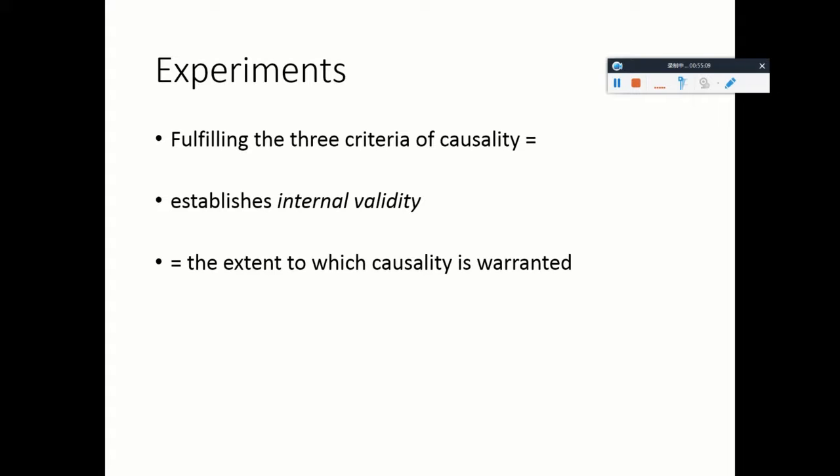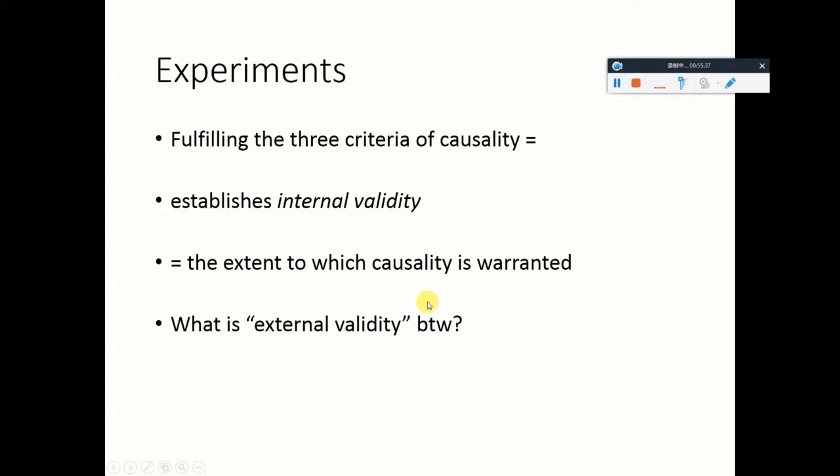Or the extent to which you can confidently claim that you are establishing what you try to establish, right? The causal relationship between, for example, time spent studying and GPA, or interpersonal warmth causing different perceptions of a person's friendliness. Okay, so this is internal validity.